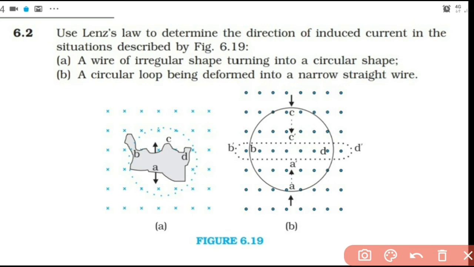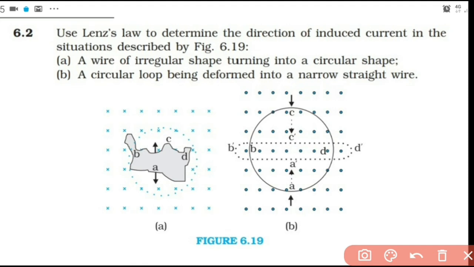So holding the thumb in the outward direction, when you look at the curling of right hand fingers, you can see that the direction of induced current is ADCB in the case of A.